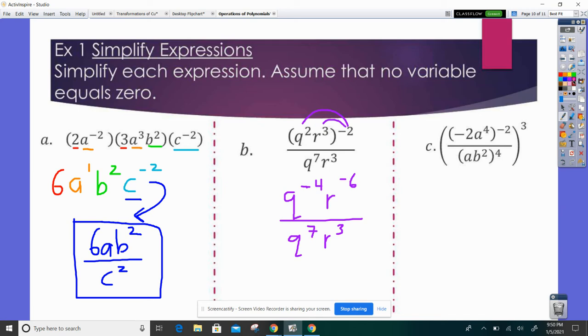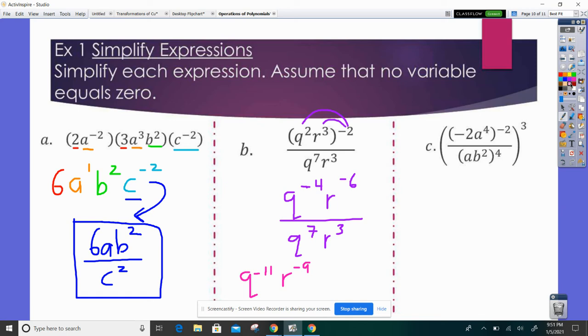So I'm going to subtract my q's from my q's and my r's from my r's. So negative 4 minus 7 is going to give me q to the power of negative 11. And then negative 6 minus 3 is going to give me negative 9. So r to the power of negative 9. Now again, we can't have any negative exponents, so I have to get rid of those.